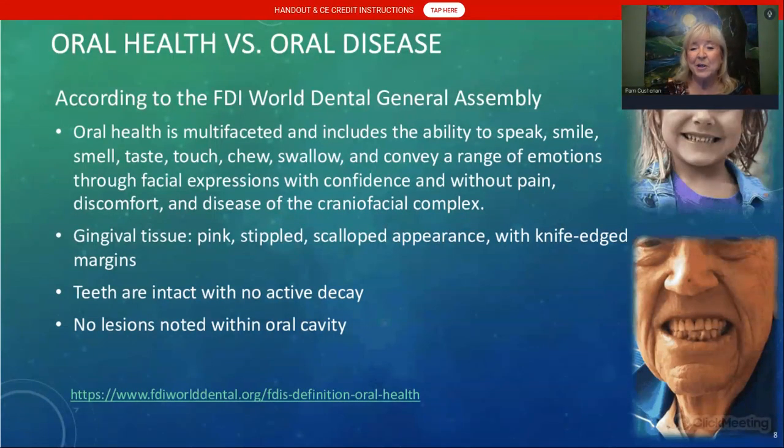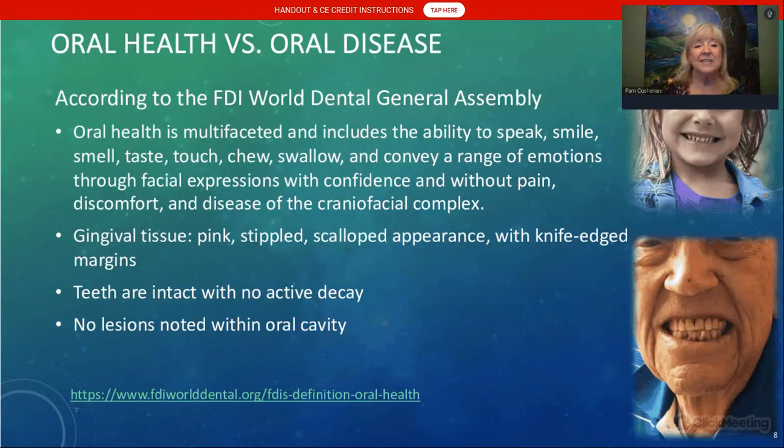So when we're looking at different definitions of what is oral health versus oral disease, one of the really important organizations in our world is the FDI, World Dental General Assembly. And this organization is worldwide and is very heavily focused on improving the overall welfare of our communities across the world.